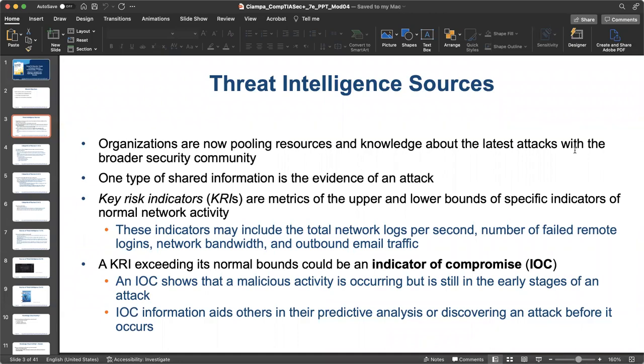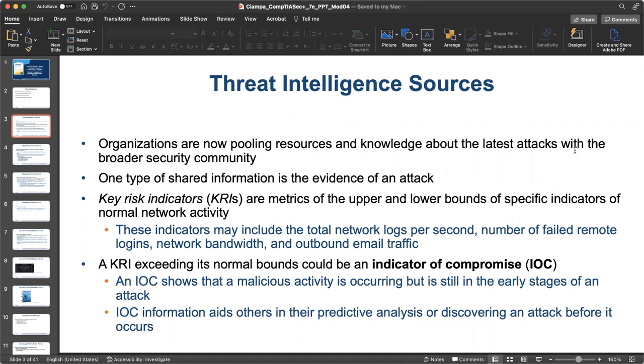However, today, this really is no longer the case. Organizations are pooling their experiences and knowledge gained about the attacks on their networks, and even broader security concerns about the networks, into a community. So sharing this type of information has become one of the most important aids to help other organizations shore up their defenses.